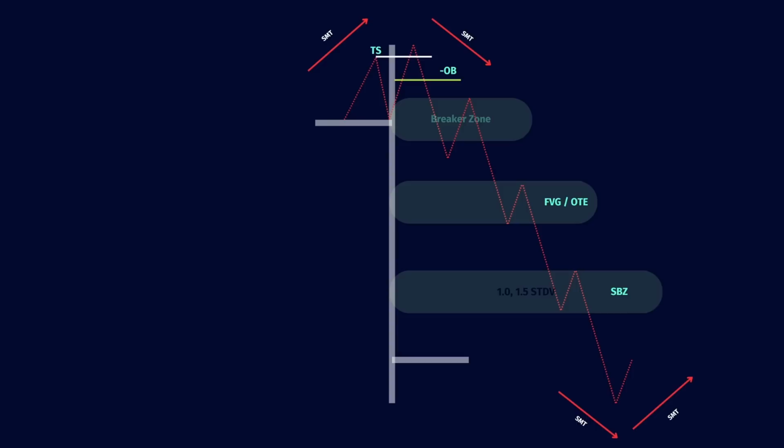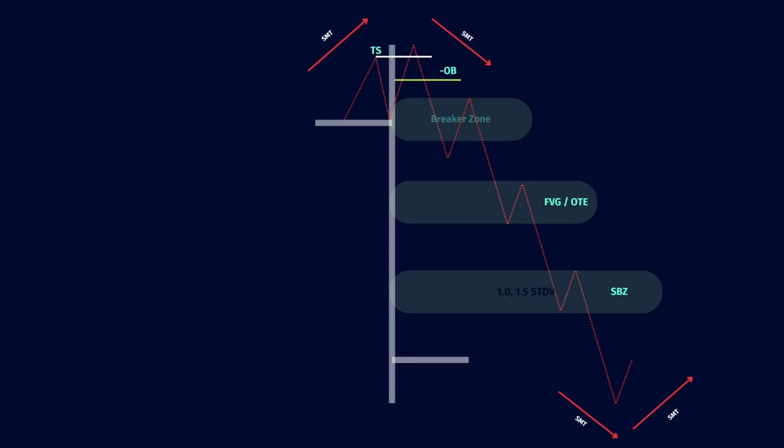This is very important because the breaker is most powerful when it is with the time opening, the opening for the present candle, the present power of 3.